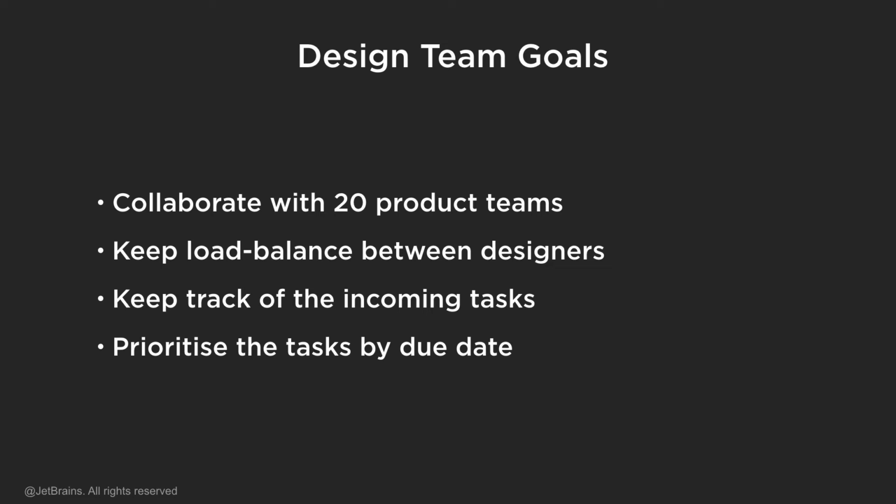And right now we have about 20 different products, and each product has its own product marketing manager, who comes to designers and constantly asks for something like, I need banners, I need booth design, I need a leaflet, I need a landing page, I need a t-shirt, and so on and so forth. So they need to keep the load balanced between the designers. There are about 10 people in their team right now, and we used to have the problem of a favorite designer.